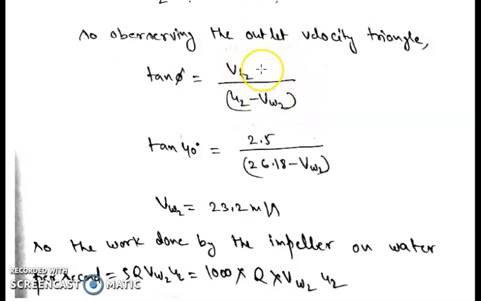Vf2 is already given as 2.5 meter per second and U2 we have already calculated as 26.18 meter per second, and phi is given as 40 degree. So tan 40 degree is equal to 2.5 divided by 26.18 minus VW2. From this we get the value of VW2 as 23.2 meter per second.